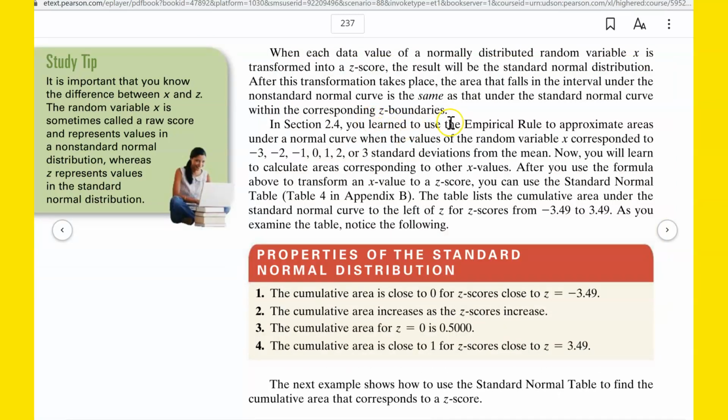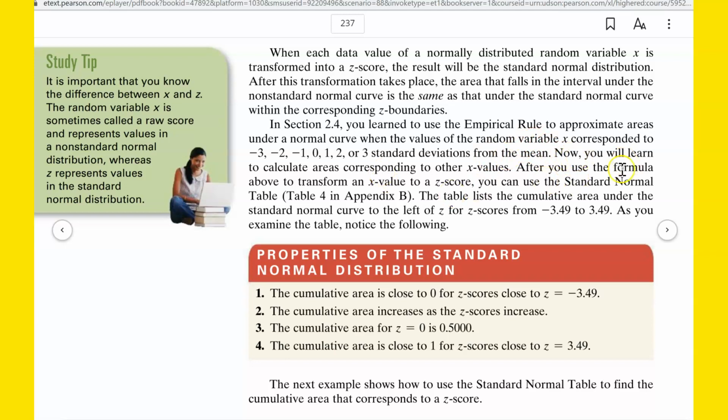All right, so the standard normal curve is going to have the same area under it as the normal distribution that it was before it was transformed into the standard normal distribution, which is going to be 1. And also the values of these numbers here, -3, -2, those standard deviations and those z-scores are going to correspond to the empirical rule.